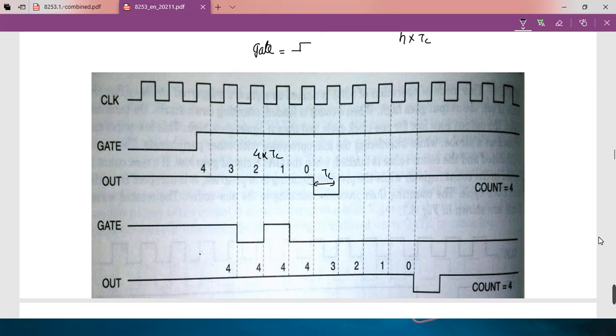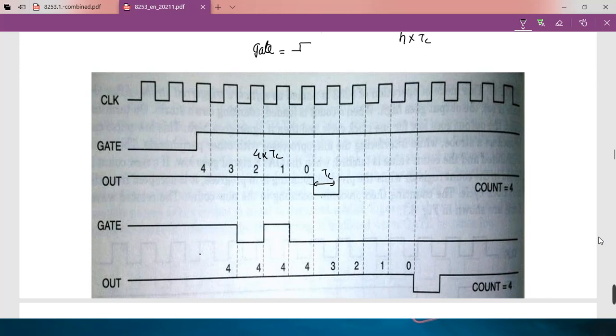For example, if the counting is 4, then 3, then 2, and at 2 you make the gate pin low, and then make a transition from low to high, it will not start from 2, it will start from 4, meaning 4, then 3, then 2, then 1, then 0.